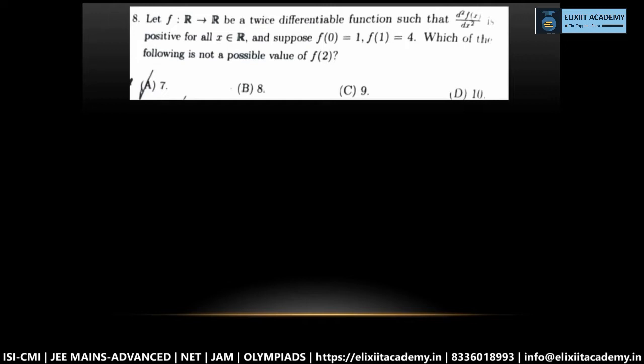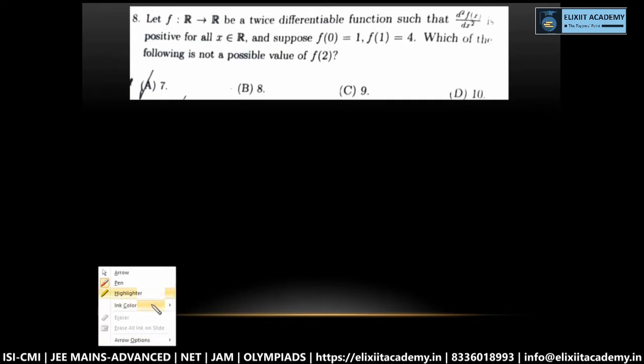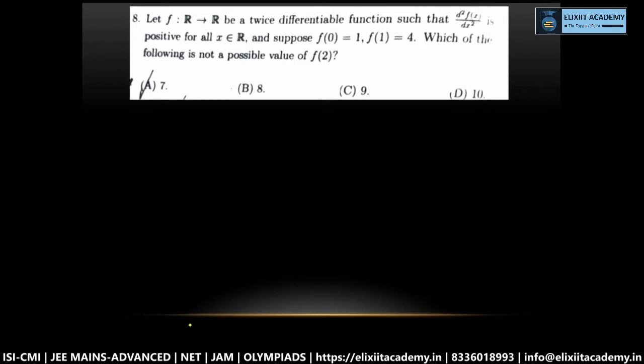Let f from R to R be a twice differentiable function such that d2f(x) upon dx2 is positive for all x belongs to R. First of all, what is the meaning of this? d2f(x) by dx2 is positive for all x belongs to R. This means the double derivative, and the double derivative represents concavity.